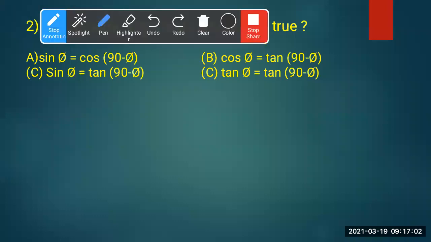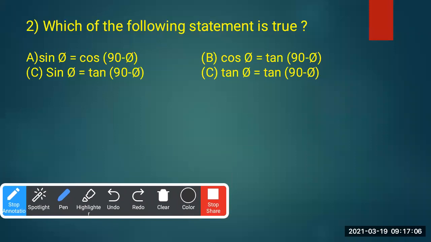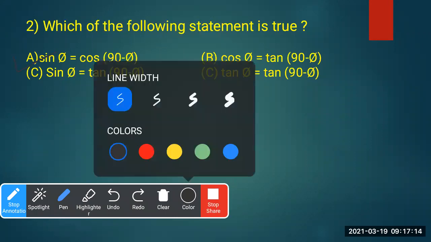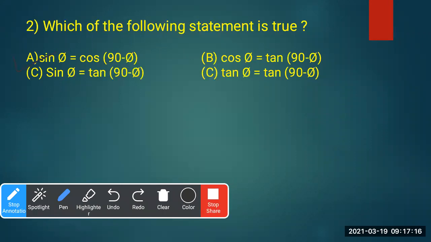If you remember the relation among the trigonometric ratios, the first option will be the correct option. That is, sin theta is equal to cos 90 minus theta, as per the relation among the trigonometric ratios.